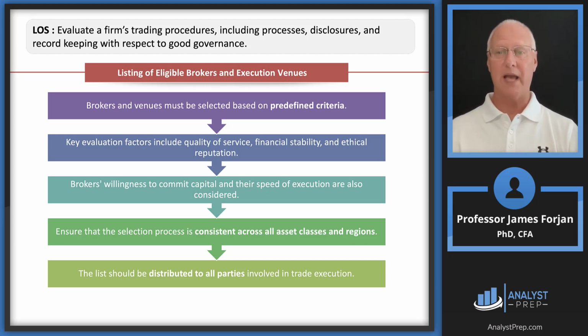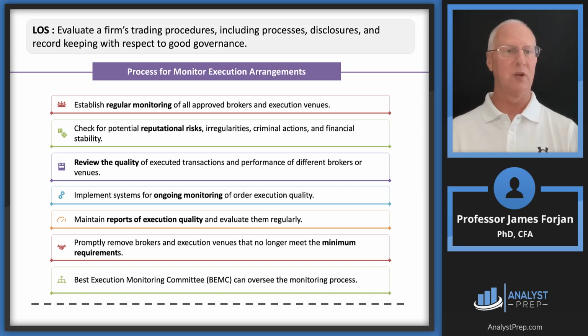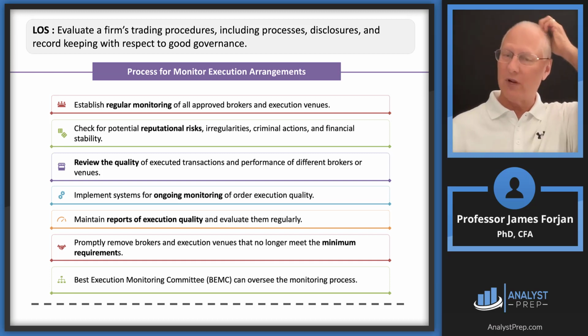Brokers' willingness to commit capital. This is probably important. Selection process is consistent among and across all asset classes. And then this list should be distributed to all parties involved in that trade execution. What does the process look like? Boy, we're going to see words here that the Institute loves: monitoring, reputational risks, reviewing, ongoing monitoring, reporting, minimum requirements, best execution, monitoring committee.